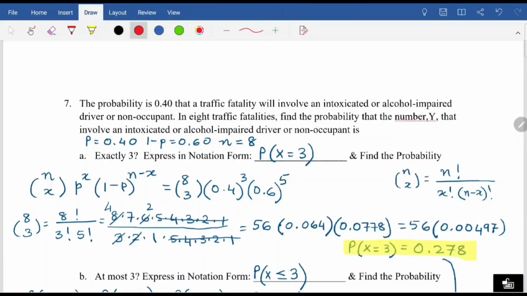Now, binomial probability goes with this formula here, all right? It's n combination x, represented with this notation, times the probability raised to the power x times 1 minus p raised to the power n minus x. Now, p is the probability value.